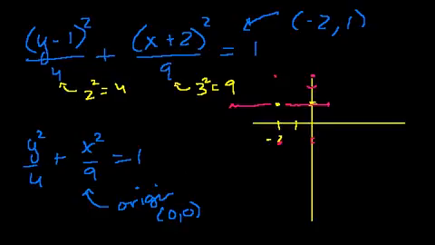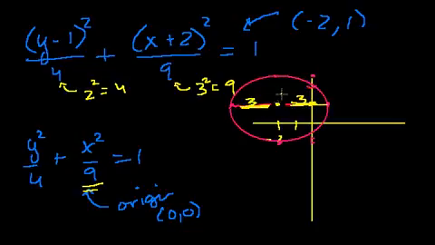So if I were to draw that ellipse, it would look something like this. Draw my best shot. A little bit fatter than it is tall. That's because your x radius is larger than your y radius. This distance right here is 3, this distance is 3, this distance is 2, and this distance is 2.